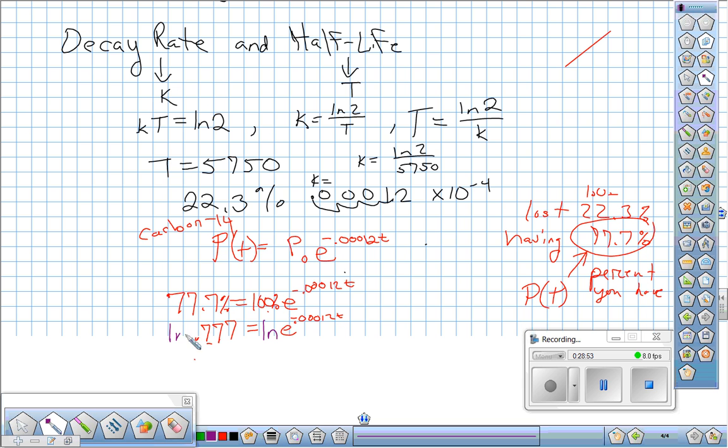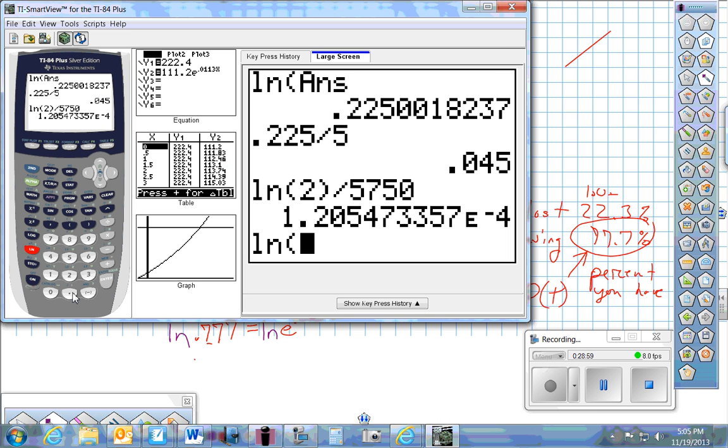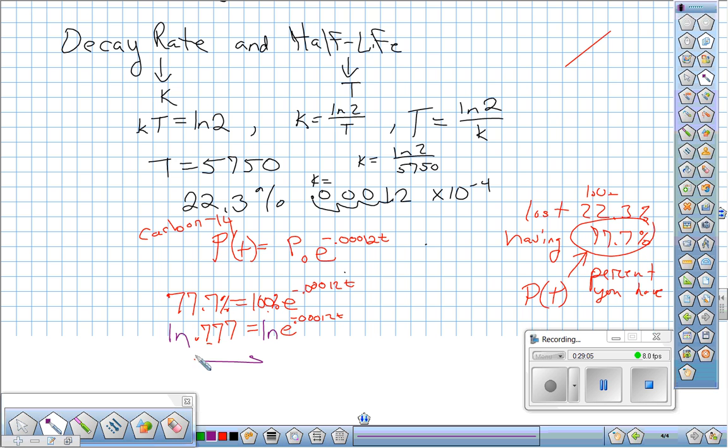When I take the natural log of 0.777, I get negative 0.25. The natural log of e will just be 1, which will just give us that exponent, so negative 0.00012t.